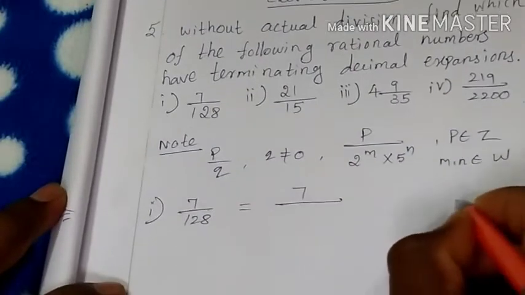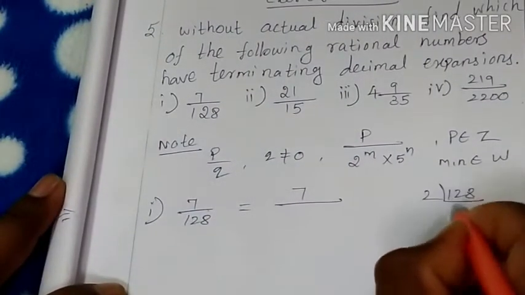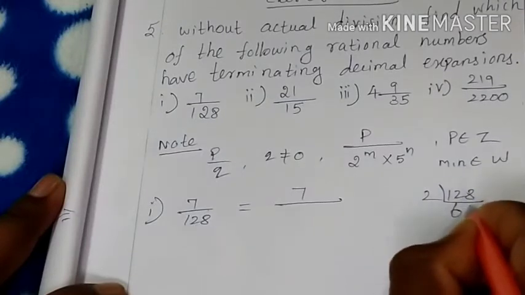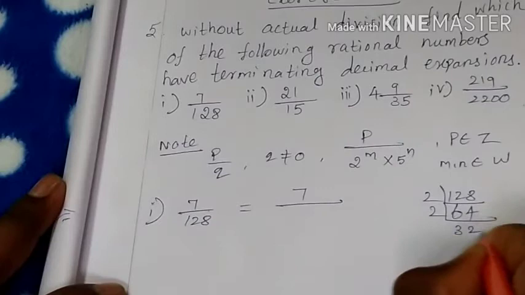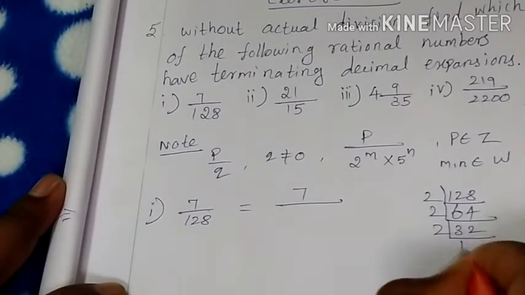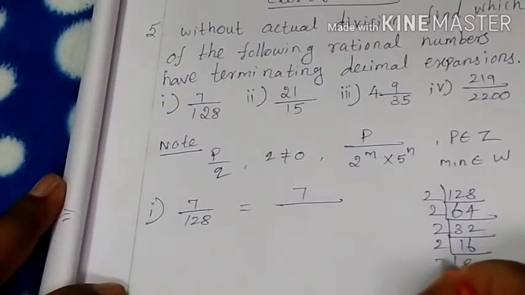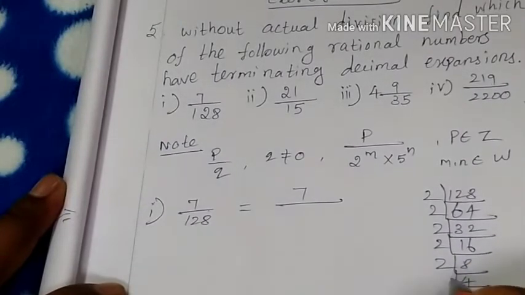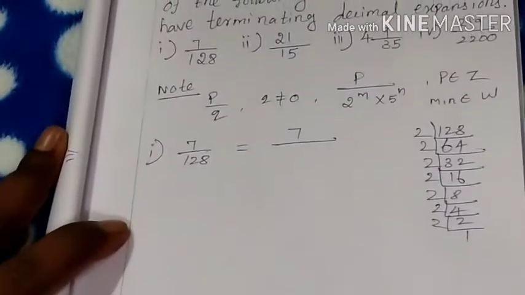Using prime factorization, 128 divided by 2: 2 6s are 12 and 2 4s are 8, then 2 3s are 6 and 2 2s are 4, then 2 16s are 32, then 2 8s are 16, 2 4s are 8, then 2 2s are 4 and 2 1s are 2.